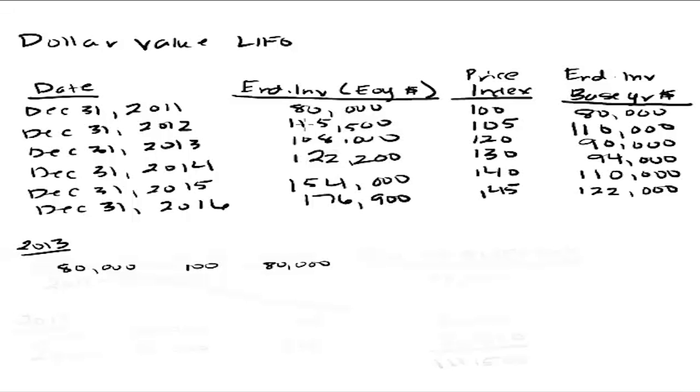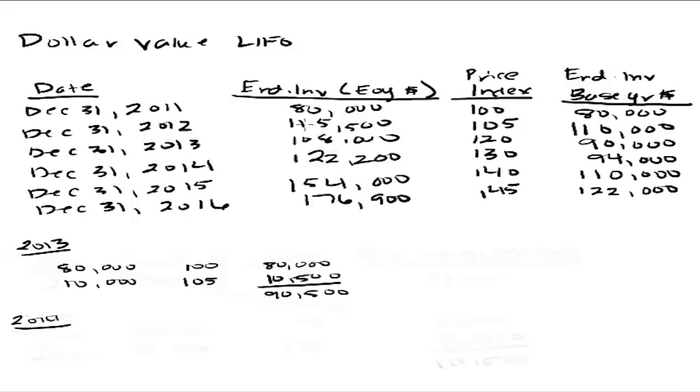And then we had 30, but this decrease in 20 means that all that's left in that layer is 10. But you still value it at that year because we took it out of that year. So we've got the 105 here. So we've got $10,500. So now the total is going to be 90,500. Okay, 2013.